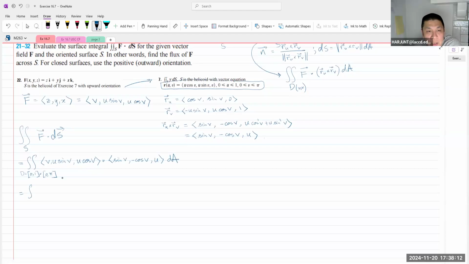That's the double integral over D of phi sine phi, and then minus u sine phi cosine phi, and then plus u squared cosine phi dA. Let's build it up then. That's the integral from 0 to pi for d phi, and then 0 to 1 for du.